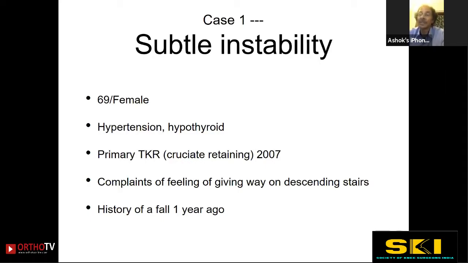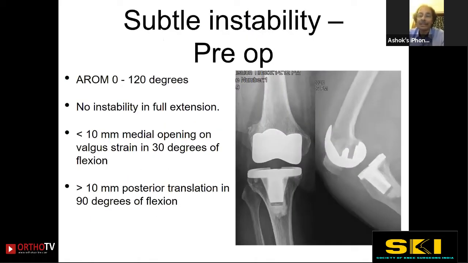At that point in time, she had a feeling of giving way. She was mildly unstable, a low demand patient, rather obese. So we counseled her to be kept under follow-up. If we can get the next slide up, Parag.